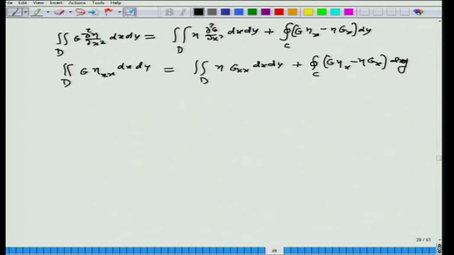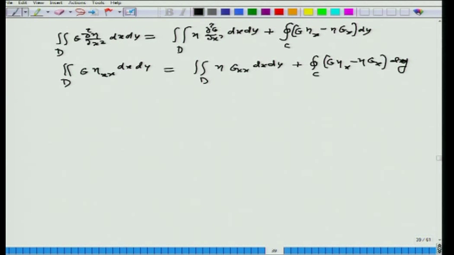Here for x x, first we shift one derivative, we gain a minus sign, and then again we shift the x derivative, we get those x x derivatives on g, and eta becomes free. Because two derivatives are being shifted, we get plus sign here, and on the boundary we get this term. So, that is the integration by parts formula for second order derivatives.